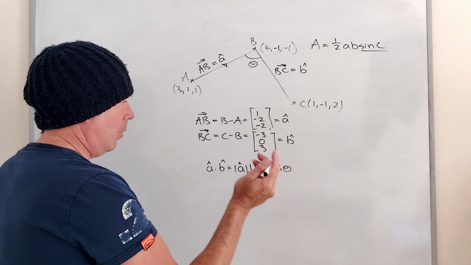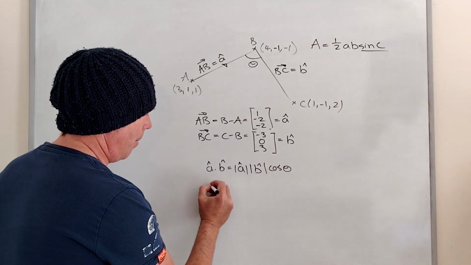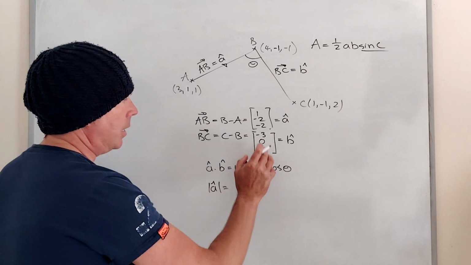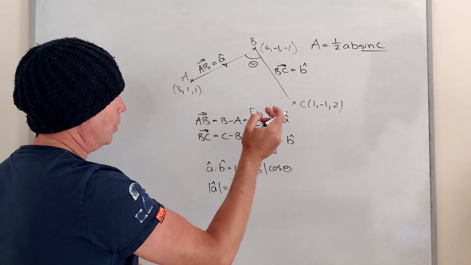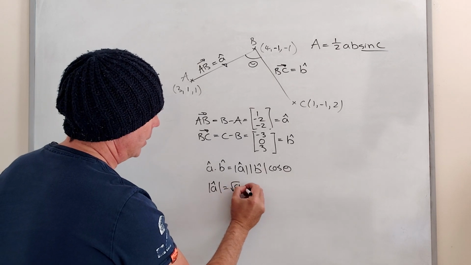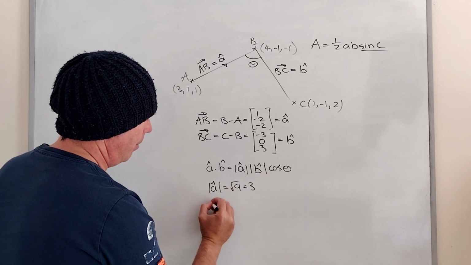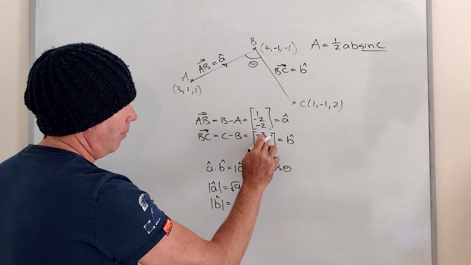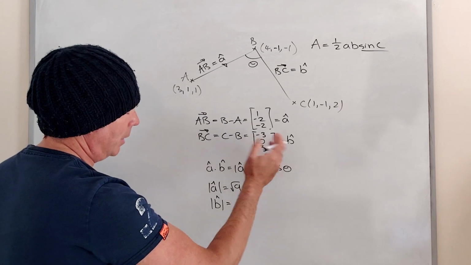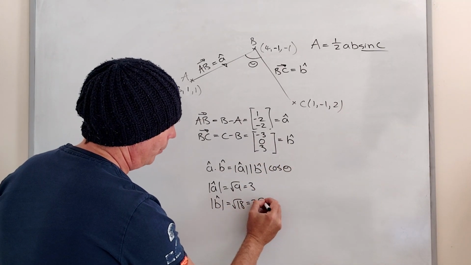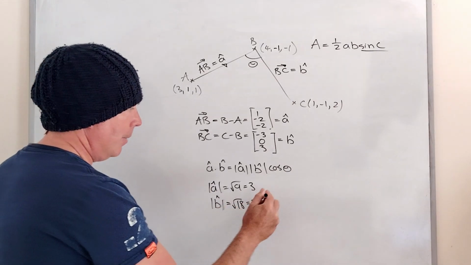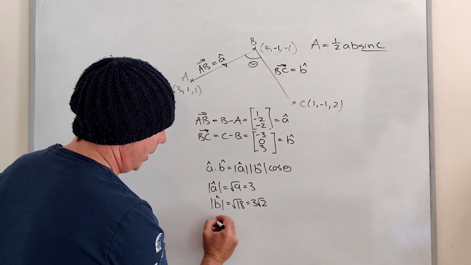First we need to work out mod a, effectively using 3D Pythagoras. 1 squared plus 2 squared plus 2 squared is √9, which is nicely 3. Then mod b: 3 squared plus 3 squared, ignoring the 0, is √18, which is equal to 3√2.